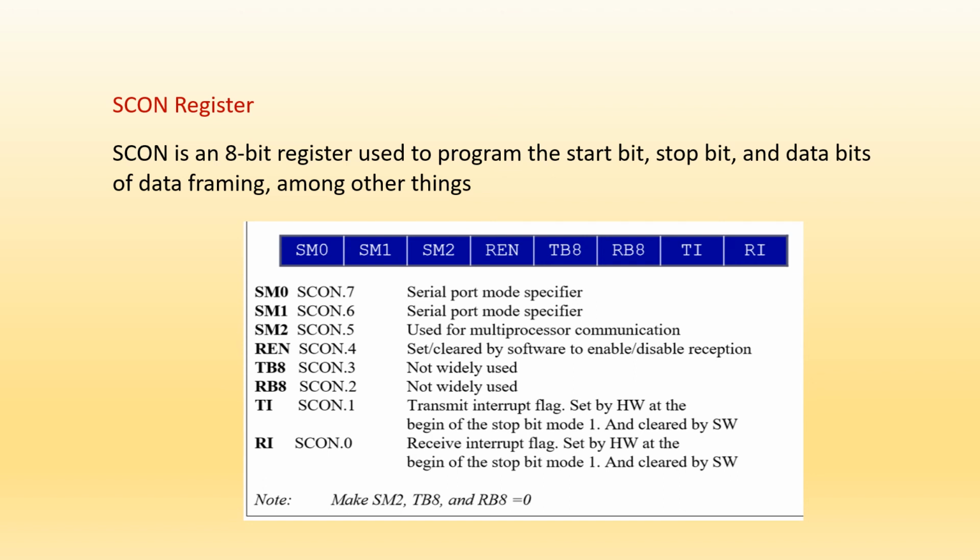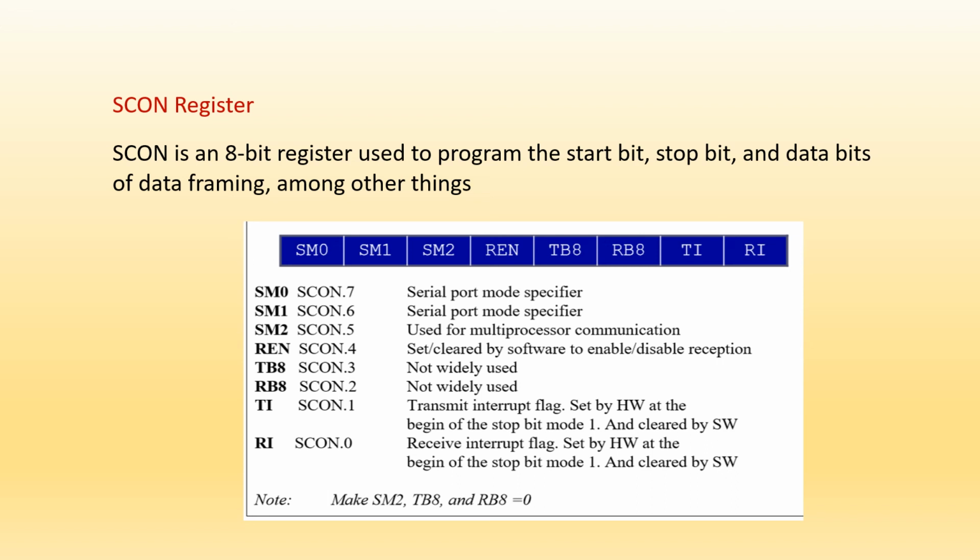The next bit is bit 4, that is SCON.4, also called REN, receive enable. Whenever we want to receive data on the RxD line, this bit has to be set high. If this bit is 0, then the receiver is disabled.